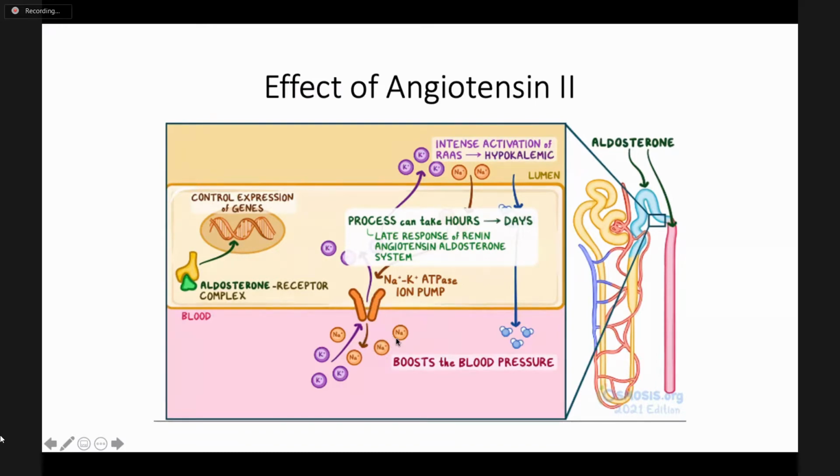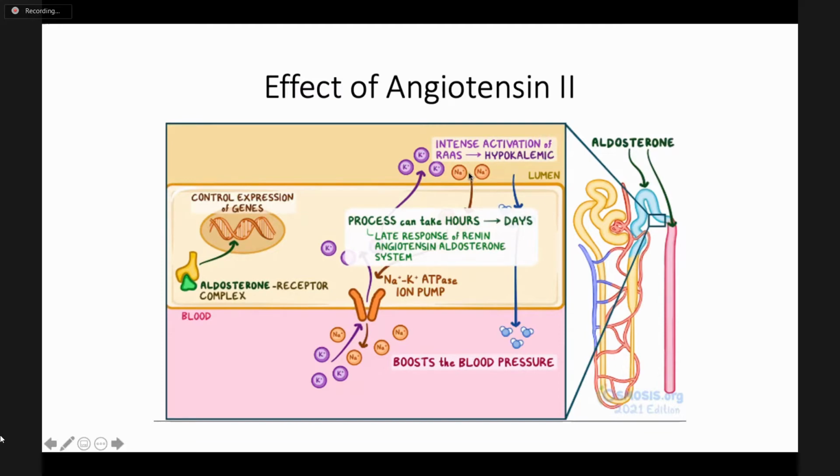So sodium will be reabsorbed to the blood, and potassium will be excreted out in the urine. So intense activation of the renin-angiotensin-aldosterone system may result in hypokalemia.